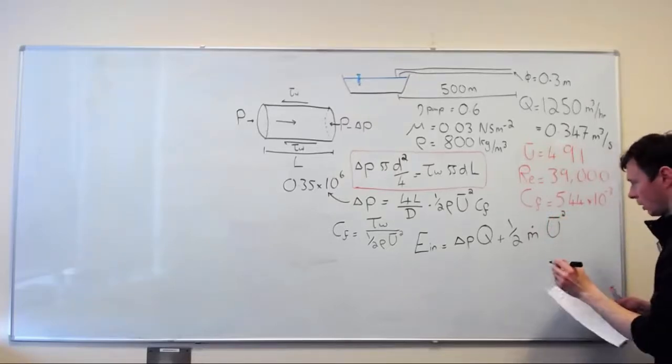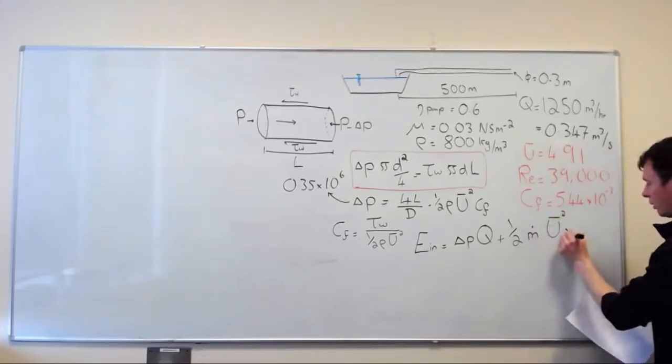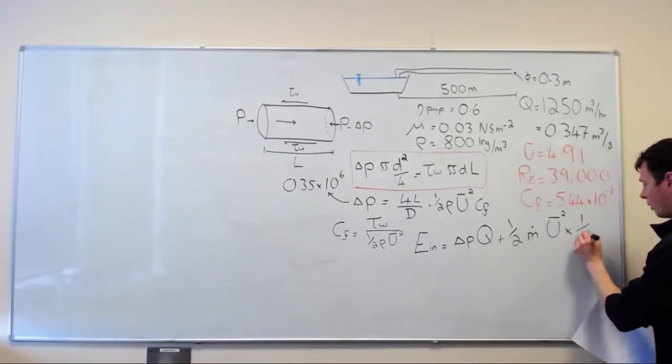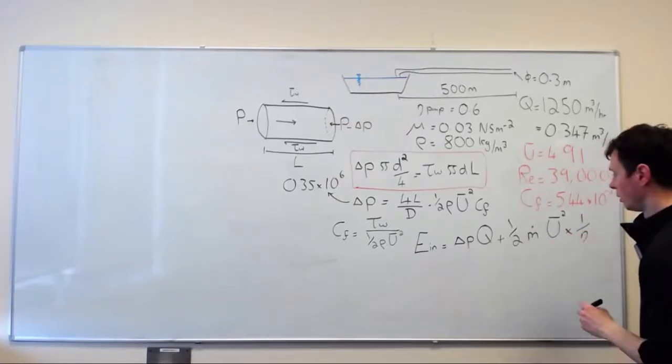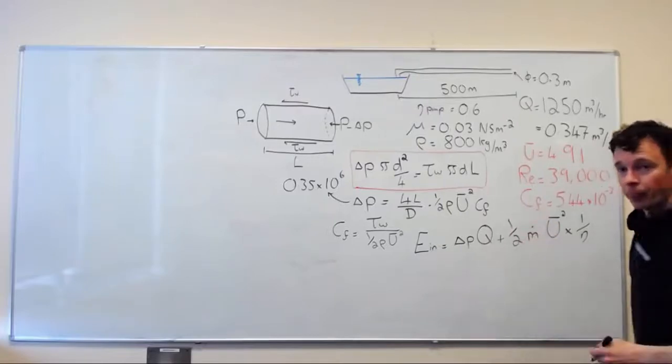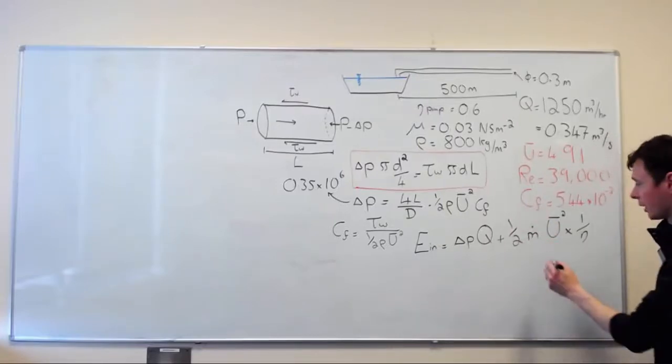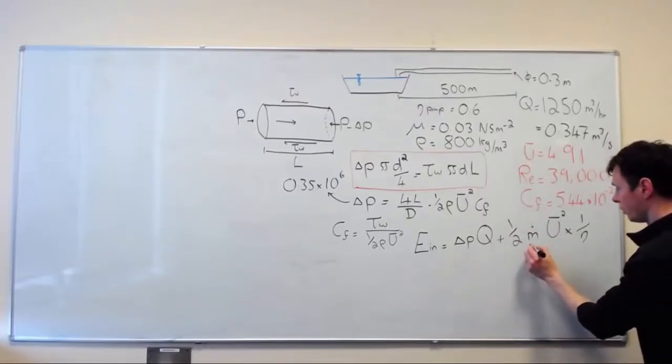And then we need to multiply it by 1 over the efficiency. So we get a larger number. Mass flow, that's just simply rho Q. So density times volumetric flow rate.